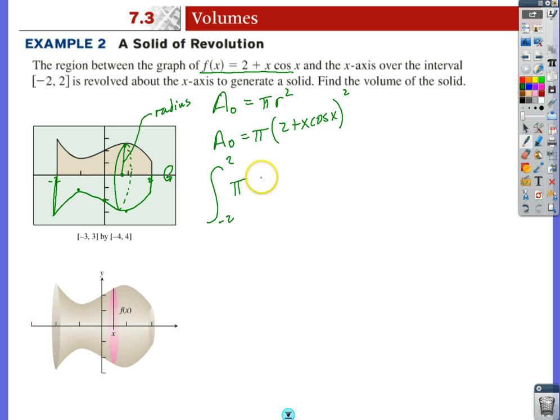Pi times 2 plus x cosine of x quantity squared dx. This is with respect to x. And now on this particular one, it'll be with a calculator, because this is not one that we can easily pull off.